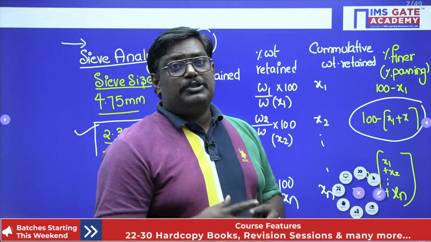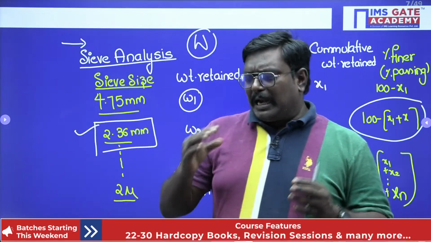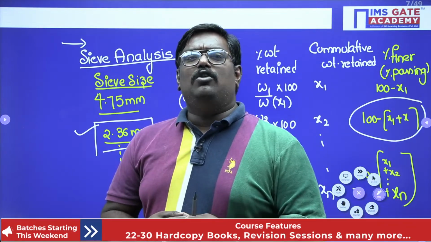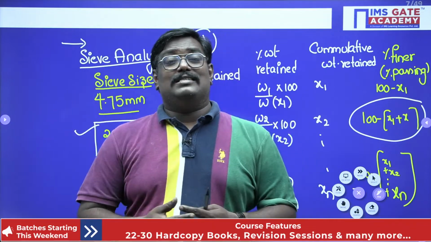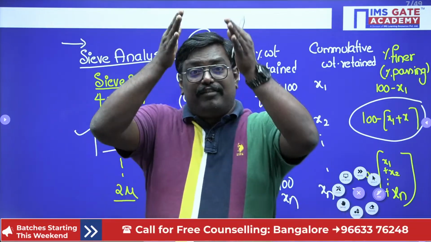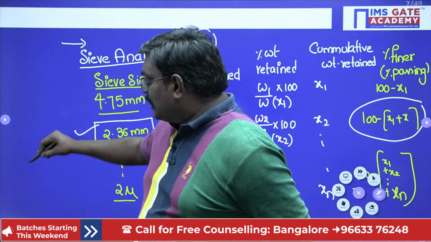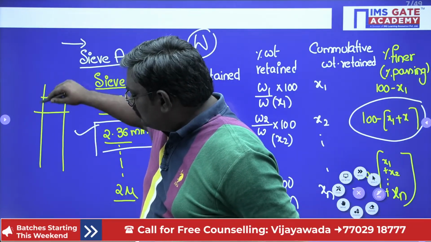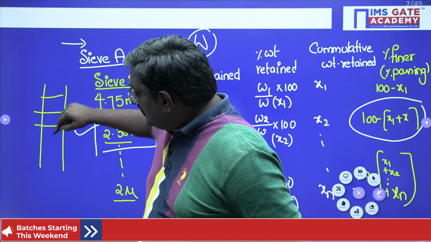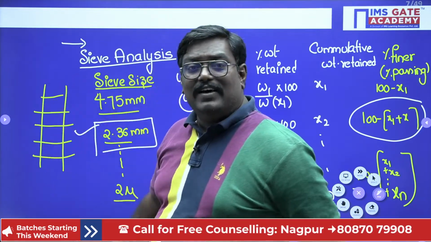So my dear students, the practical and the most usable way to classify the soil is the sieve analysis. We have a set of standard sieves like 2.75, 4.75, 2.36, and you will be doing the sieve analysis.